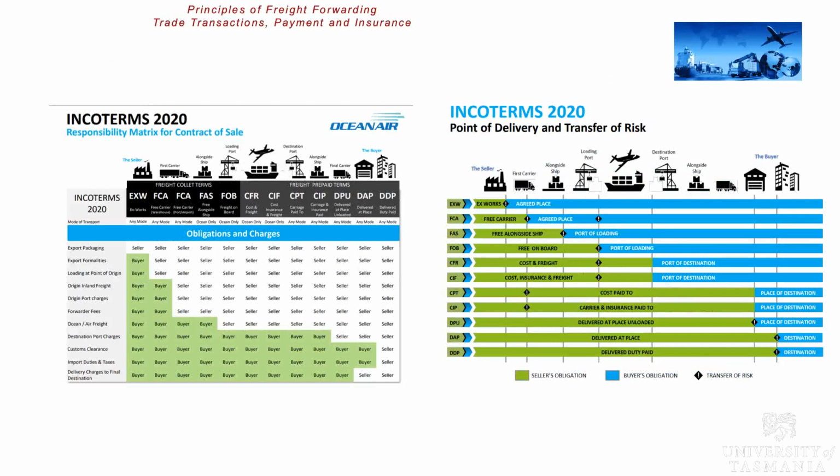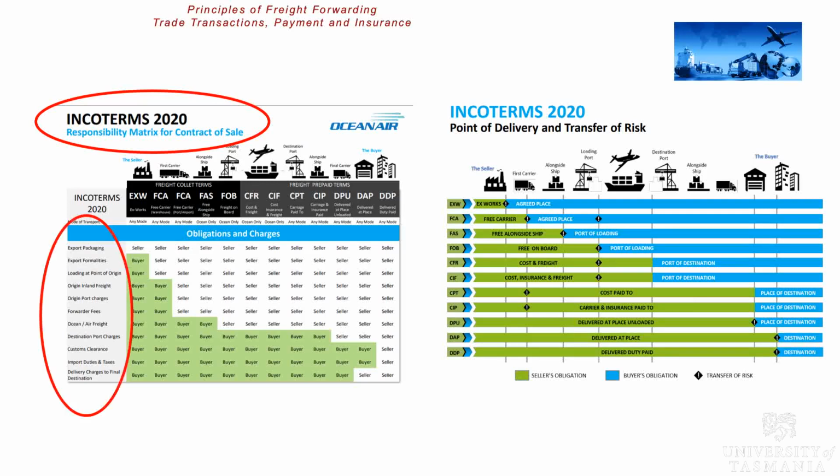A couple of really good diagrams here to assist exporters and importers understand their obligations and charges and their risks. The first one is a responsibility diagram in regards to obligations and charges for a contract of sale. So down the left hand side, Incoterms inform all those particular elements of a contract by indicating who has got an obligation to fulfill them.